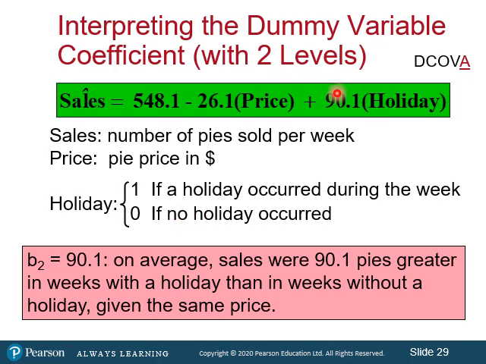If there's no holiday, this part here is actually 0, because 90.1 times 0 is 0, so you only have this part. So the conclusion here is B2 is 90.1: on average, sales were 90.1 pies greater in weeks with a holiday compared to weeks without a holiday. Higher than, and how much higher than? That's how dummy variables are interpreted in multiple regression.